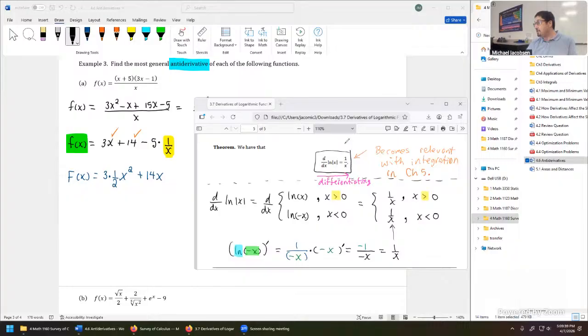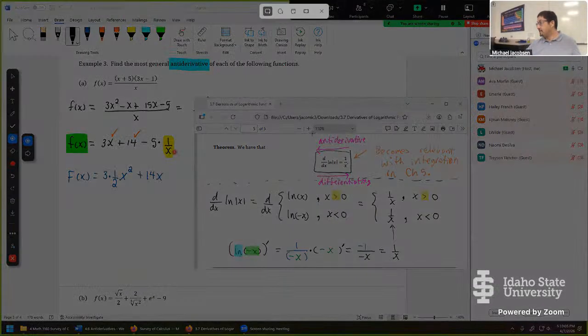If you're going the other direction, this way, that means you're just finding the antiderivative. So that's telling us, whether we're looking at the formula in the box or just looking at this formula all on its own, from the right-hand side to the left-hand side tells us the antiderivative of that part is the natural logarithm of x.